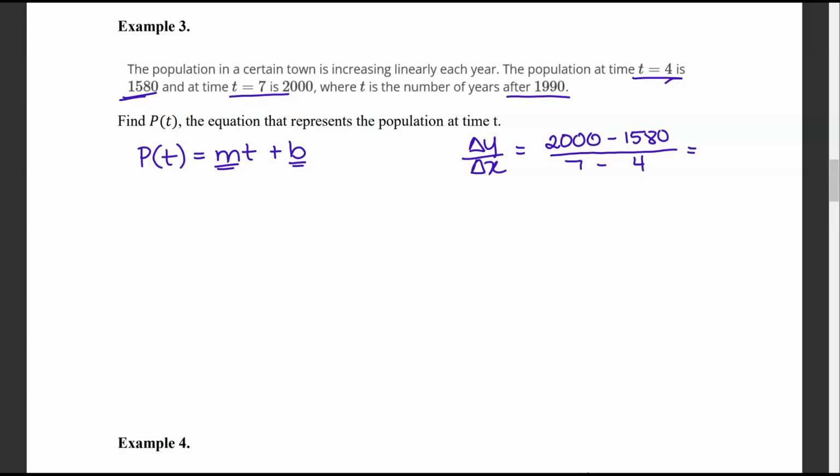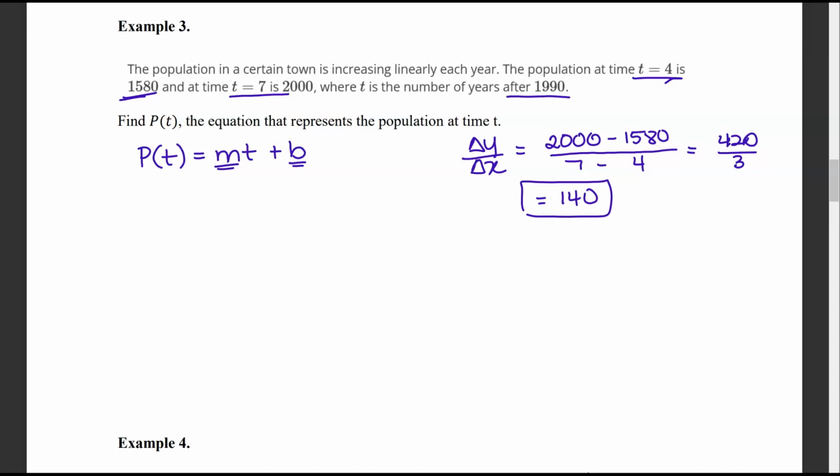Well, 2,000 minus 1,580 is 420 divided by 3. And so this looks like our rate of change is going to be 140. So that's our rate of change.